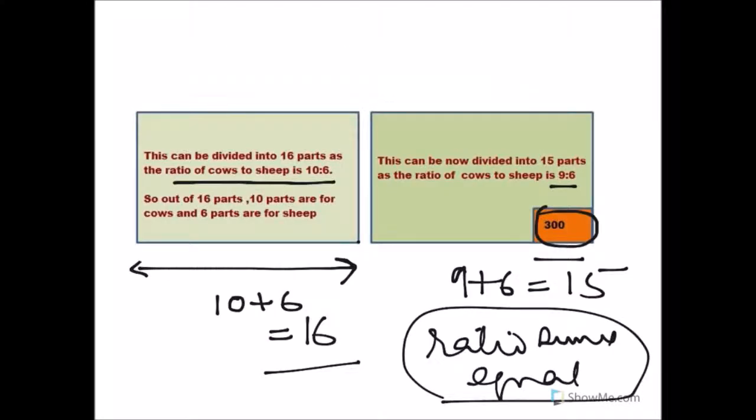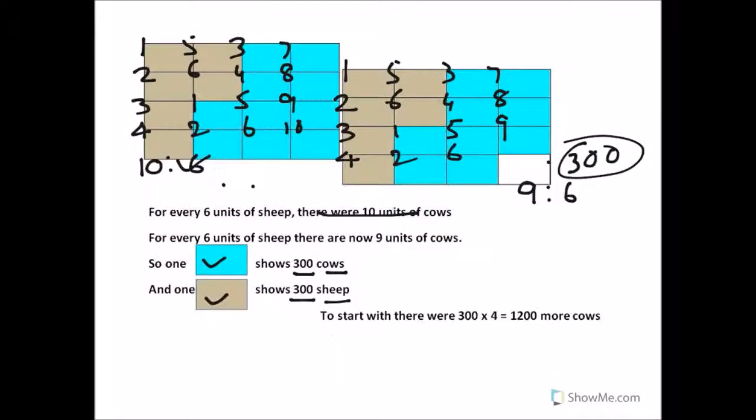So the total animals in the first case were divided into 16 parts, 10 parts for cows and 6 parts for sheep. Similarly, in the second case, the remaining animals were divided into 15 parts, 9 parts for cows, 6 parts for sheep, because the number of sheep remained the same.